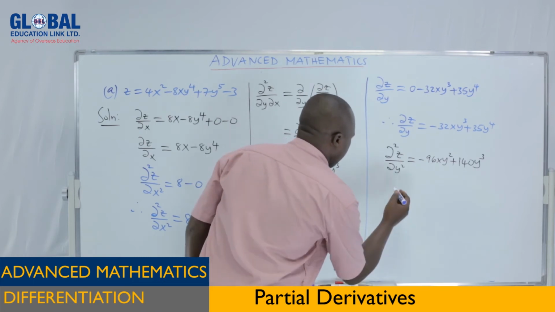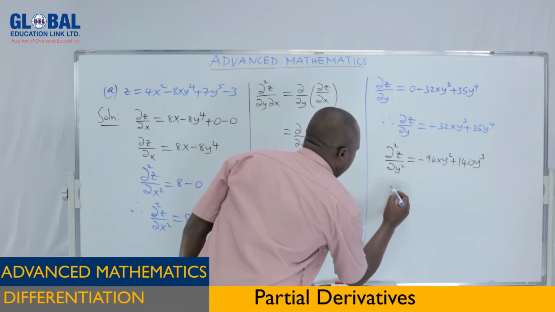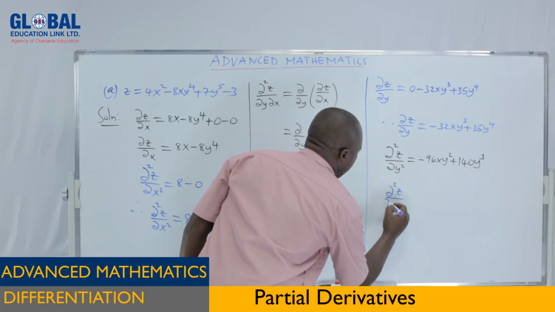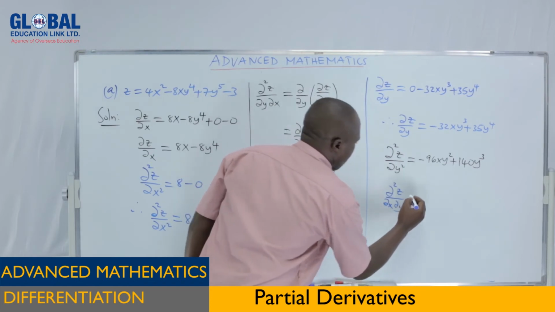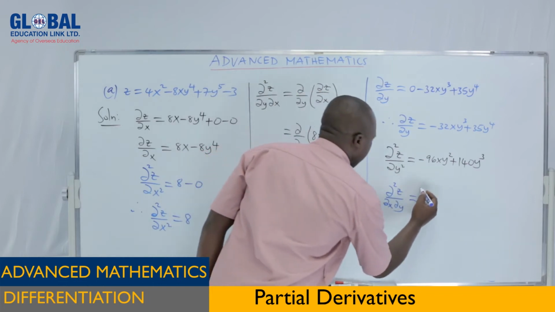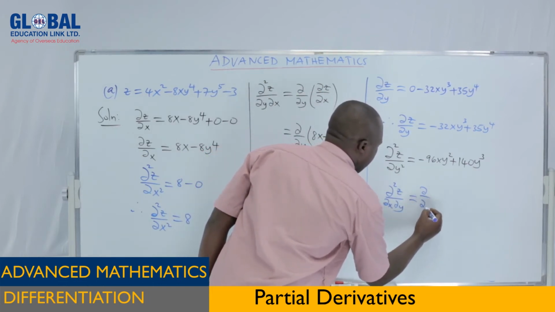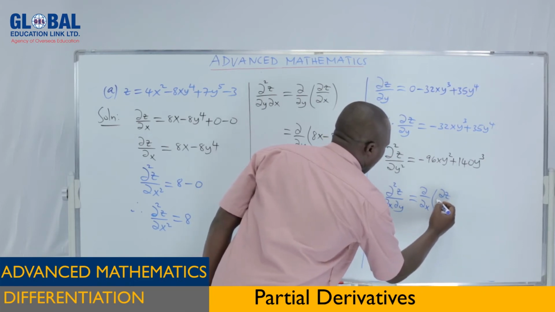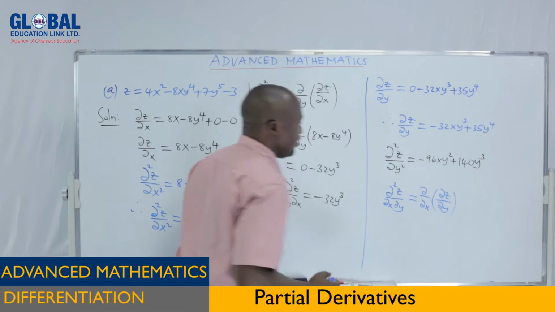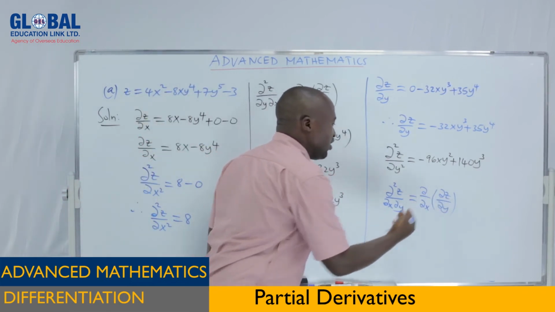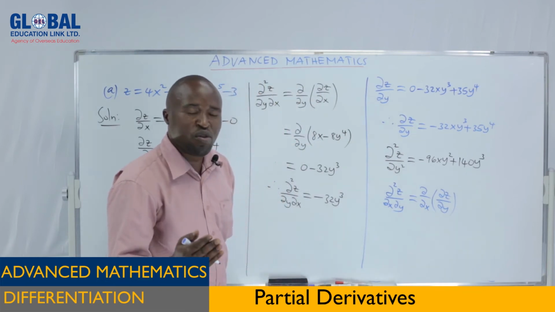So another second order partial derivative, that is the second order partial derivative of z with respect to x and y. This one can be written as the partial derivative with respect to x of the partial derivative of z with respect to y. But remember, we have the partial derivative of z with respect to y.